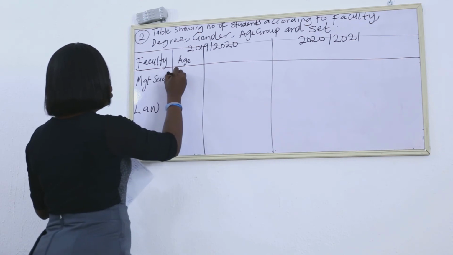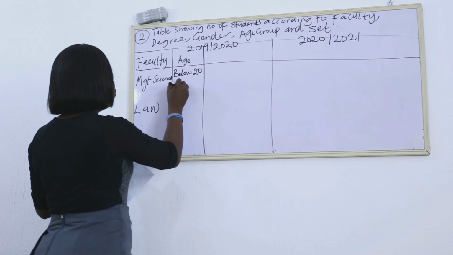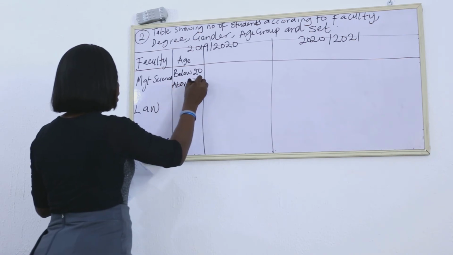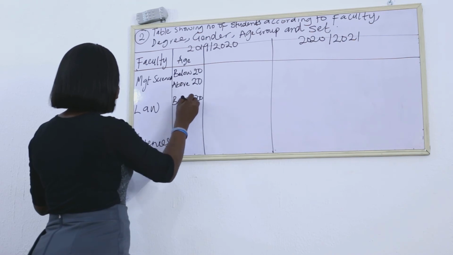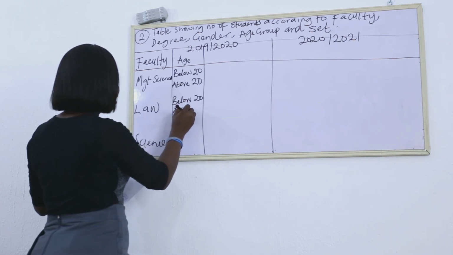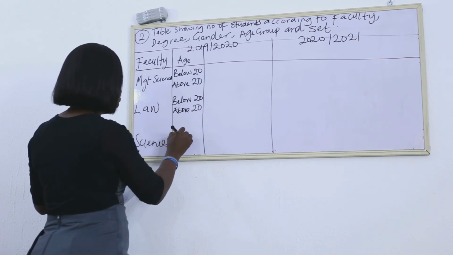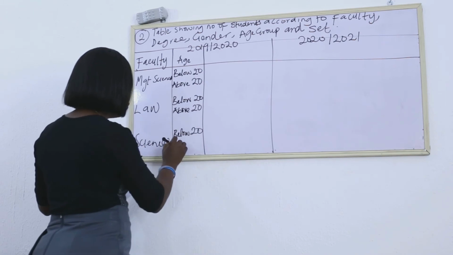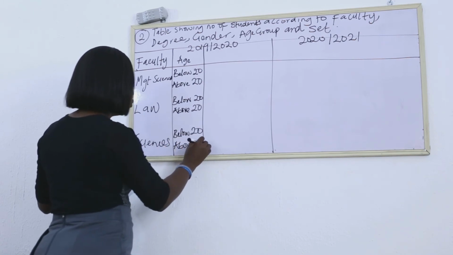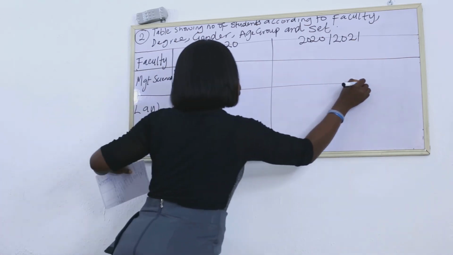I said below 20 and above 20. It will be represented for each of the faculties. Below 20 and above 20. I want to demarcate it, so I'm going to rule a line across each of the faculties.